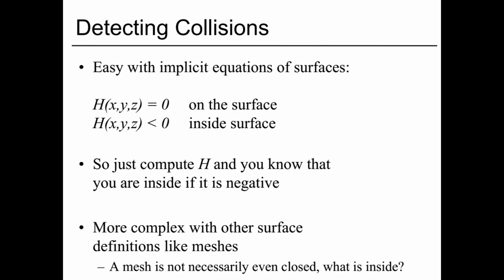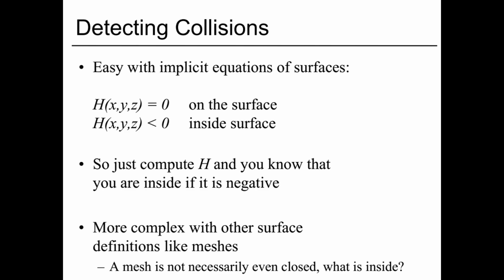Detecting collisions for such surfaces defined by implicit equations is easy since we can immediately find for any point (x1, y1, z1) that h(x1, y1, z1) equal to 0 means this point is on the surface, and a functional value less than 0 means the point is inside the surface. But this becomes more complex when we are dealing with other types of surface representations like meshes. It is not really known whether the mesh is even closed or without any boundary.